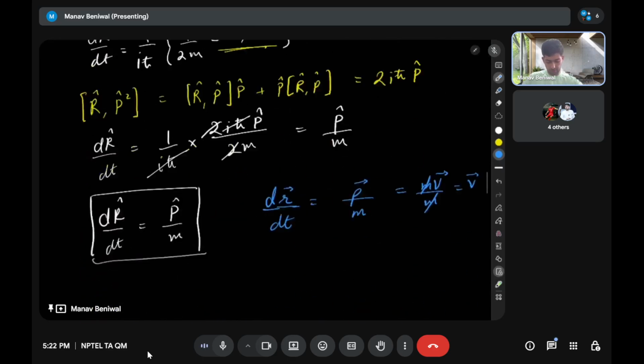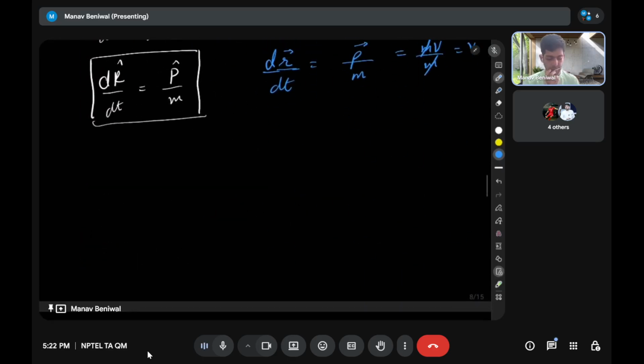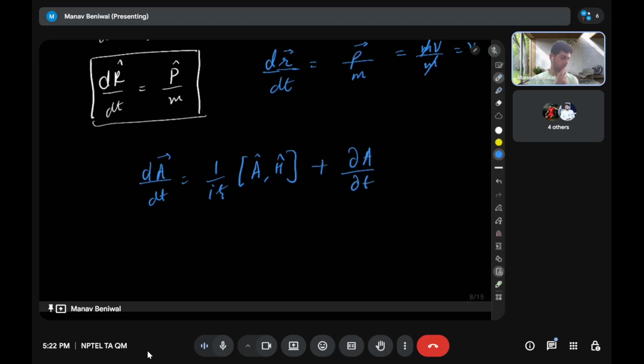So if you remember the equation for any operator A, with the plus sign or minus sign, something like that, because A is not given as a function of time directly, we have just considered this term to be 0.